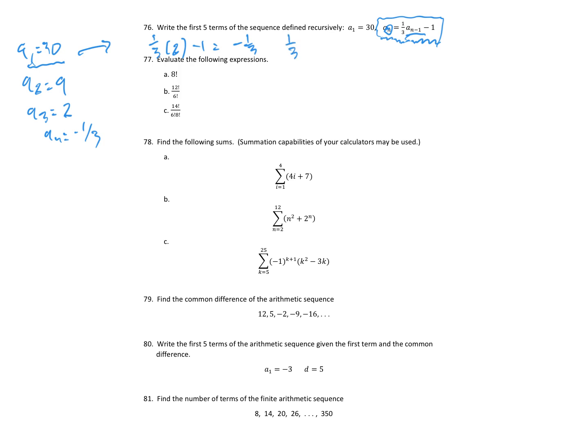So 1/3 times negative 1/3 minus 1. That would equal negative 1/9 minus 1. So what would this be? It would be negative 1/9 minus 9 over 9, negative 10 over 9.